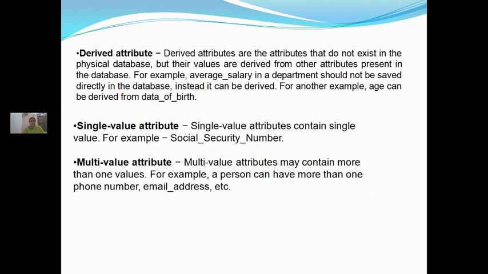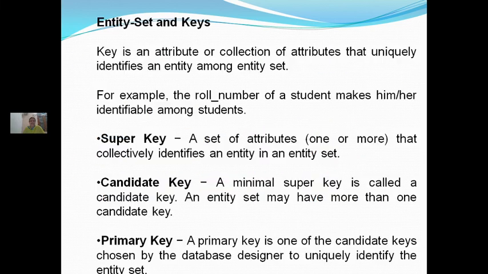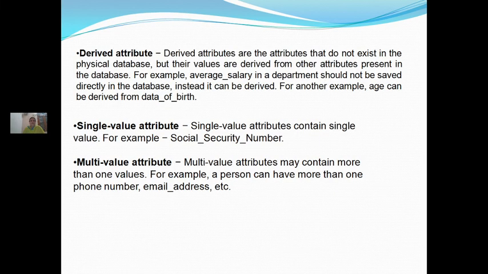For example, average_salary in a department should not be saved directly in the database. Instead, it can be derived. For another example, age can be derived from date of birth. So this is a derived attribute.